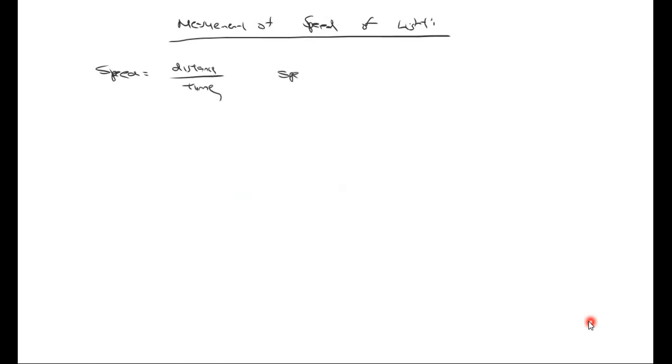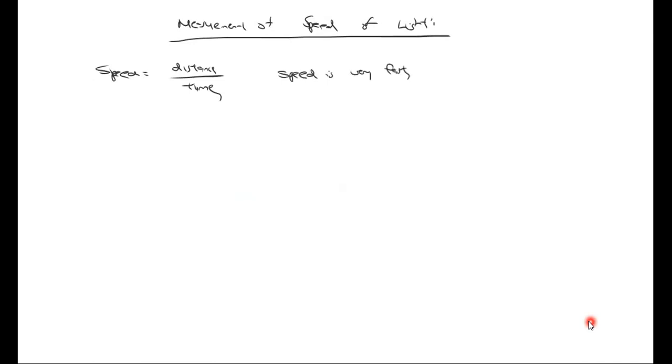Now, I don't plan to go into this in great detail because this is one part that you could very much read. But what you need to understand is that speed is calculated by distance over time. Now, the problem with the speed of light, of course, is that the speed is very fast.